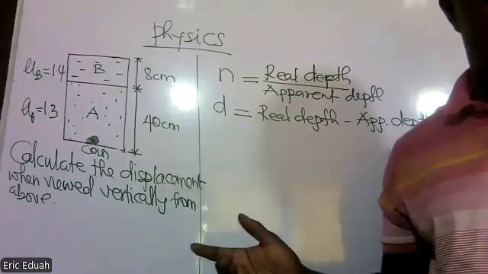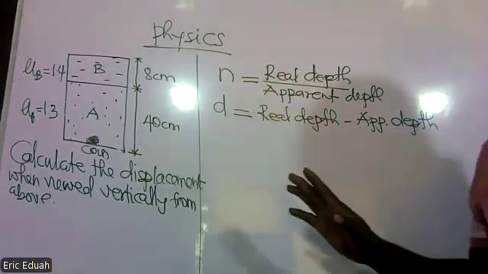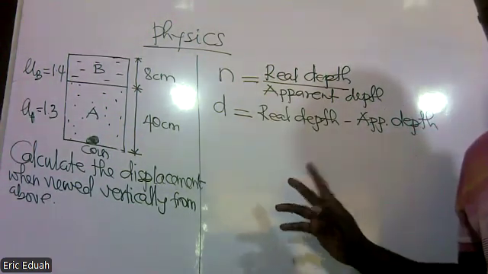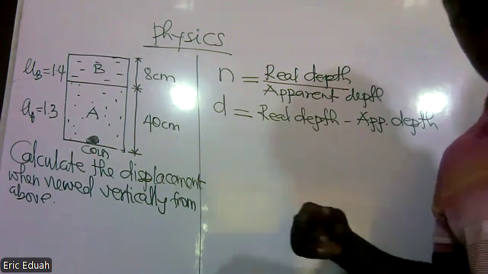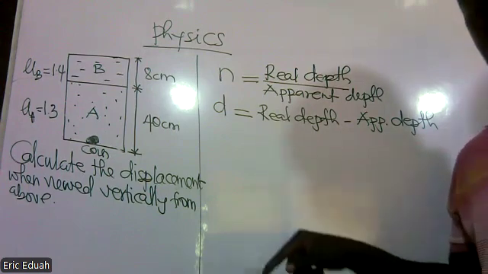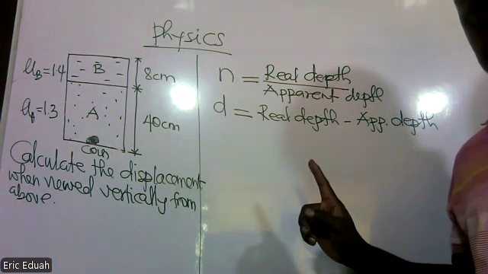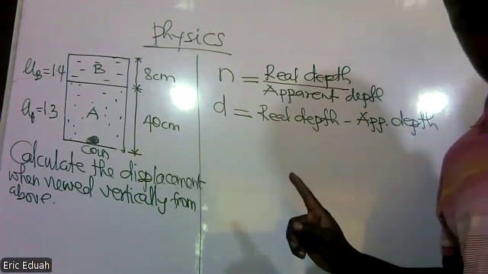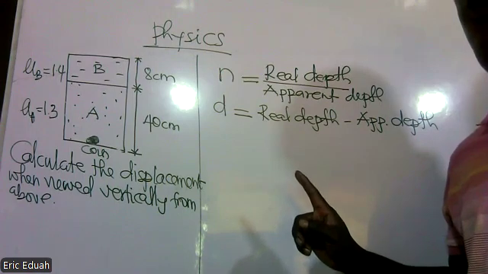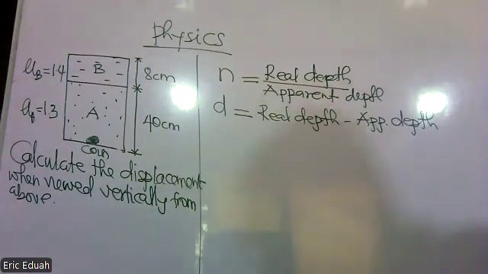A coin falls accidentally into a tank containing two immiscible liquids A and B, as illustrated in the figure above or below. Calculate the displacement of the coin when viewed vertically from above. Then if the refractive index of A is 1.3 and that of B is 1.4.